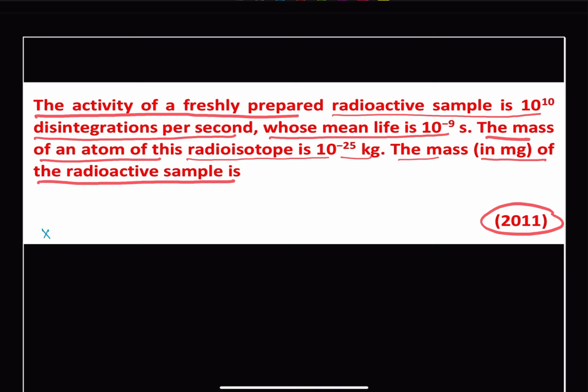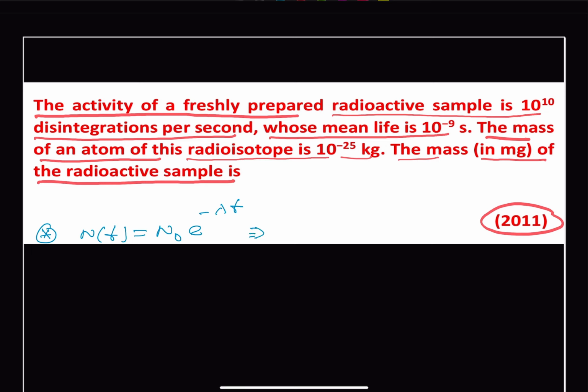After time t, N of t will be equal to the initial sample N naught e raised to power minus lambda t. From here we can find out the disintegrations per second.